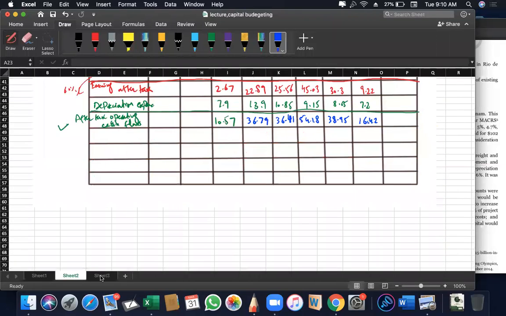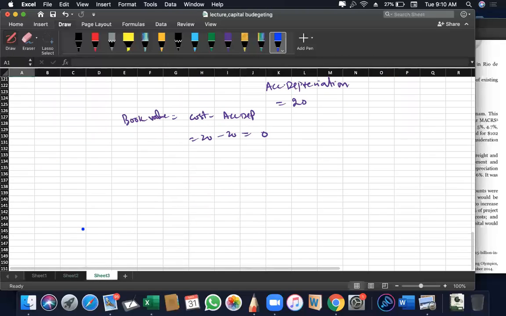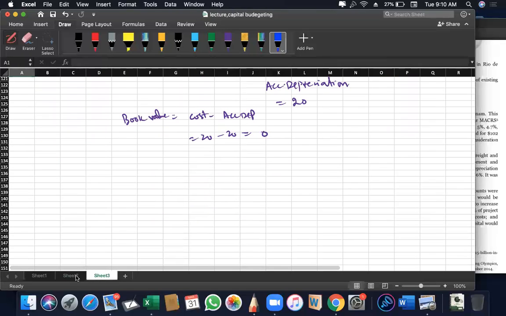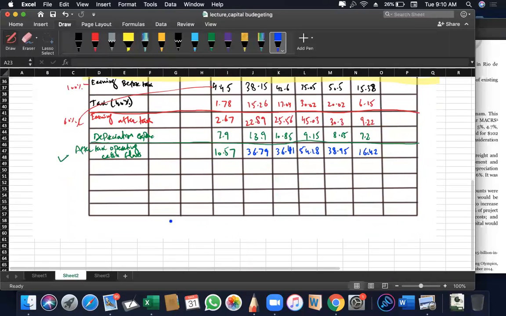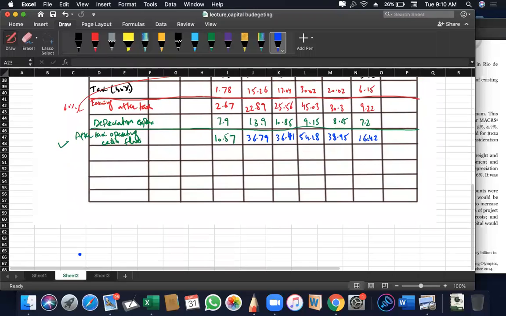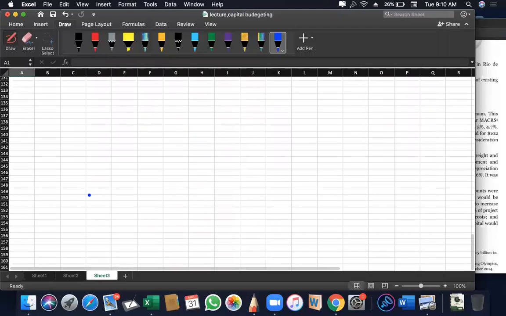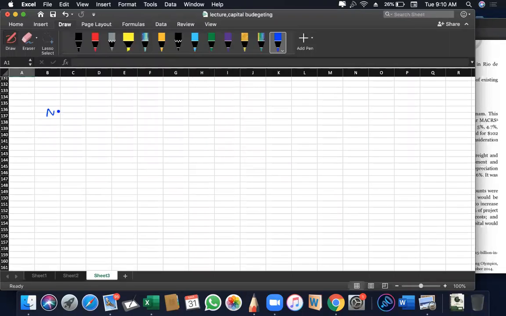Now we have to further solve this after tax operating cash flows. So here we have to find the net working capital.